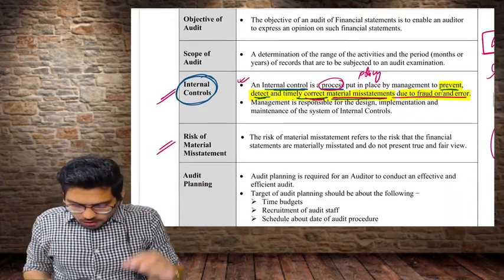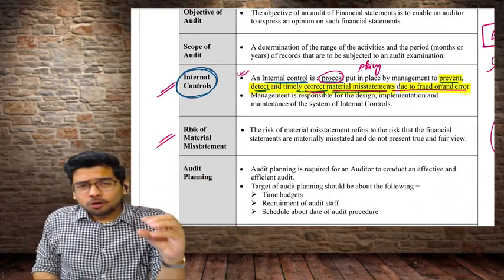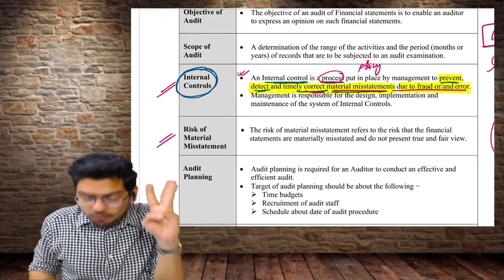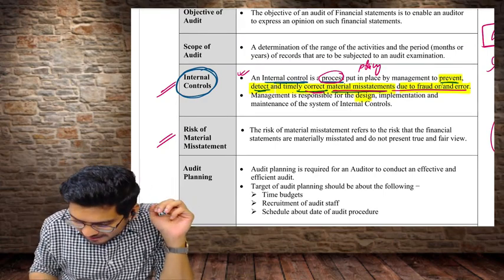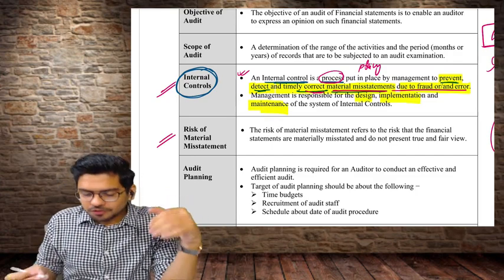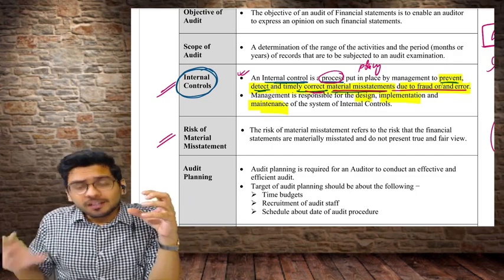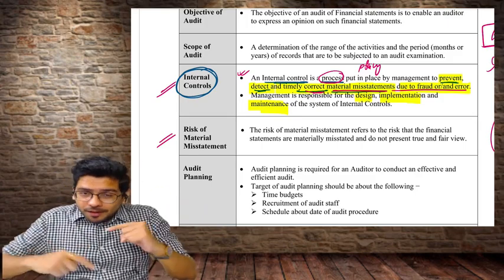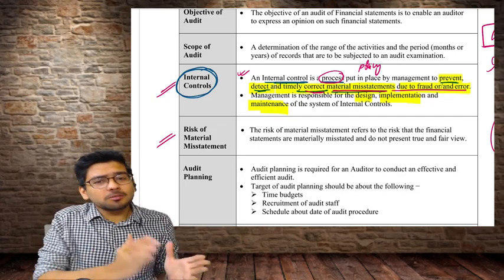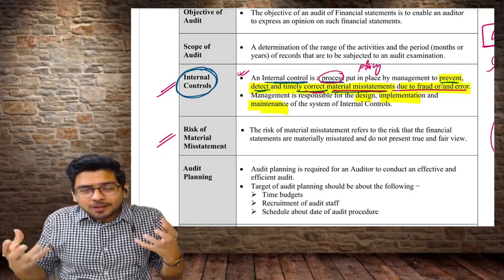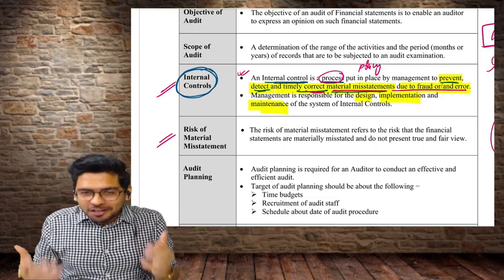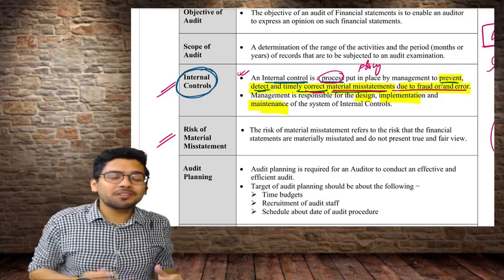Now management is responsible. I've already told you that it is the management who is ultimately responsible for three words. Remember the three words: design, implementation and maintenance of system of internal controls. Internal control is the responsibility of the management. Preparation of financial statements is the responsibility of the management. Many people think that if they hire a chartered accountant, if they appoint an auditor, it is the auditor's duty to prepare the financial statements.